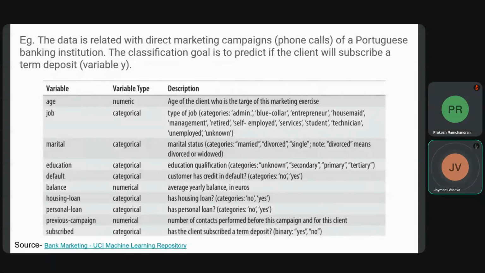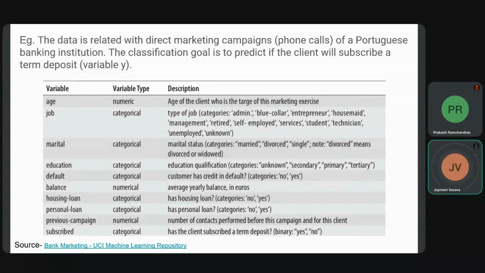So we'll be using this data set, which is about a marketing campaign of a Portuguese banking institution. The data set contains these columns or variables, and these are the variable types. Age, then job is categorical.